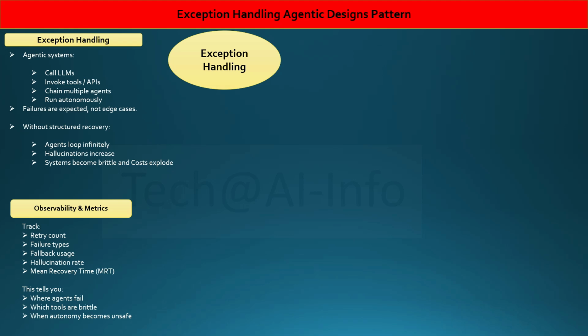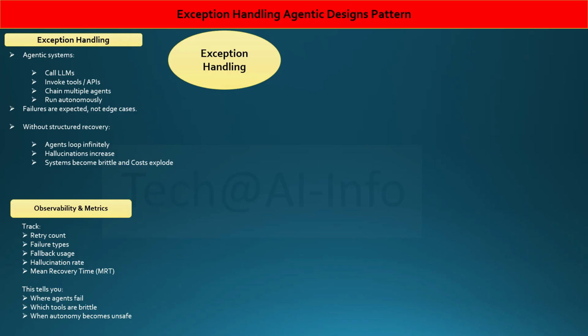If we talk about observability and metrics, observability is a safety dashboard for autonomous agents. Without it, agents fail silently, costs explode invisibly, hallucination looks like success, and autonomy becomes a liability.